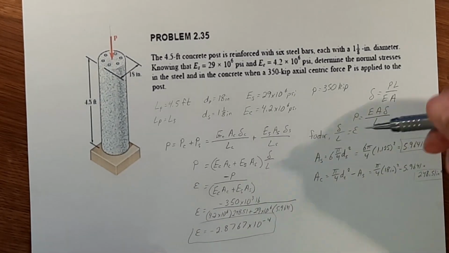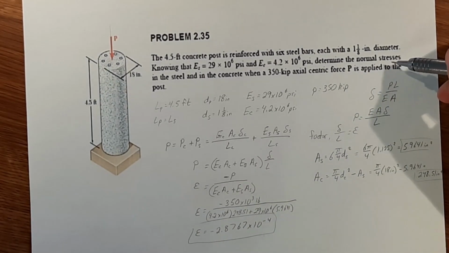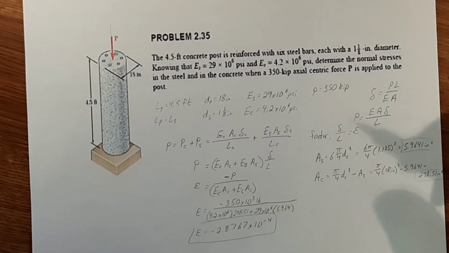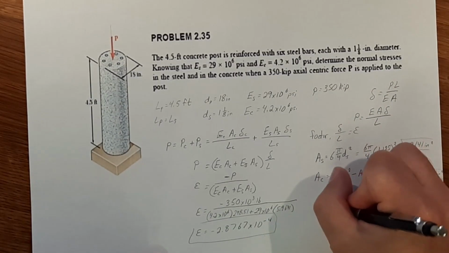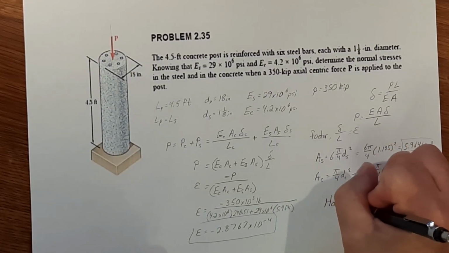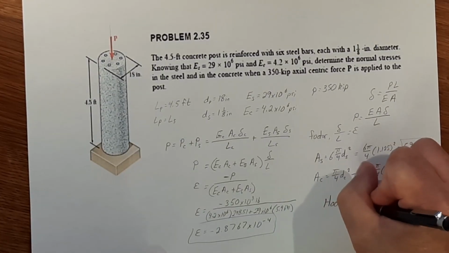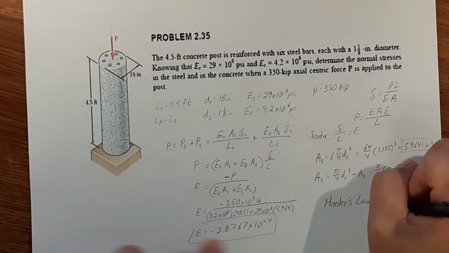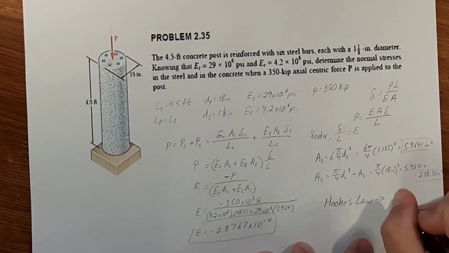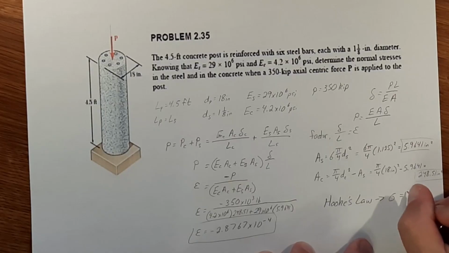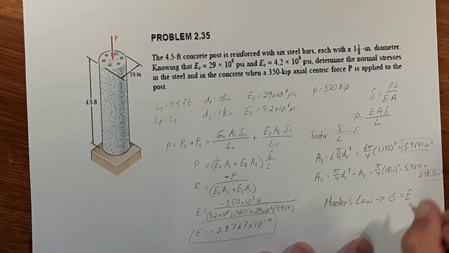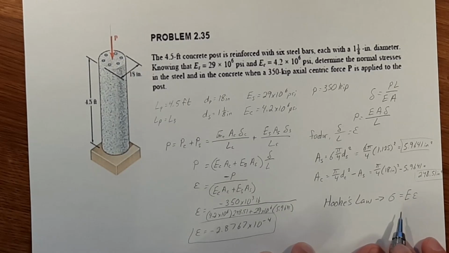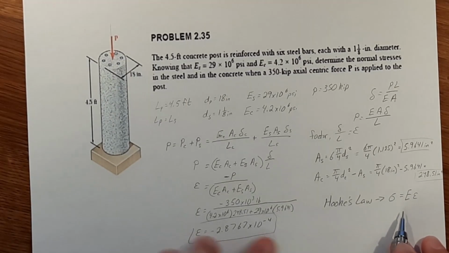We have strain, but we need to find the stress. Using Hooke's law, stress is equal to modulus of elasticity times strain.